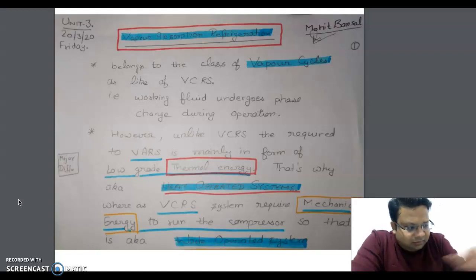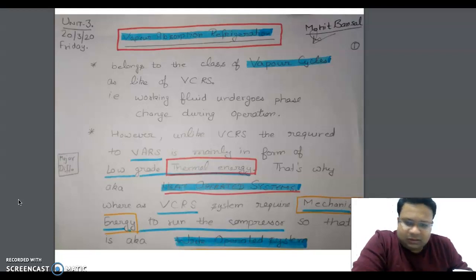Thereafter, we will find the differences between the VCRS and VARS, and by the end of this 15 minutes lecture, we will try to solve the COP of ideal vapor absorption refrigeration systems.